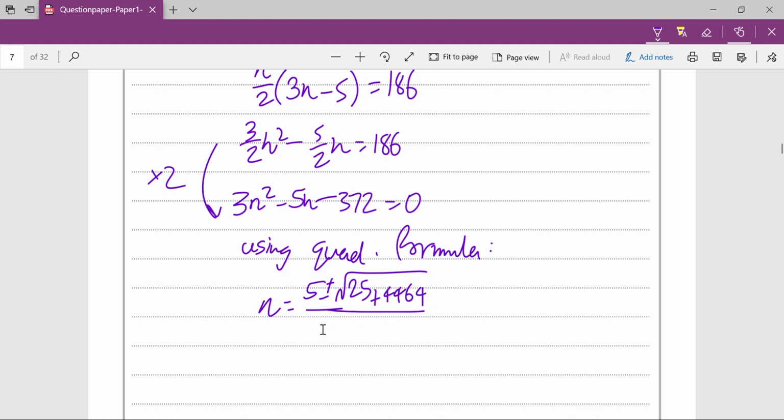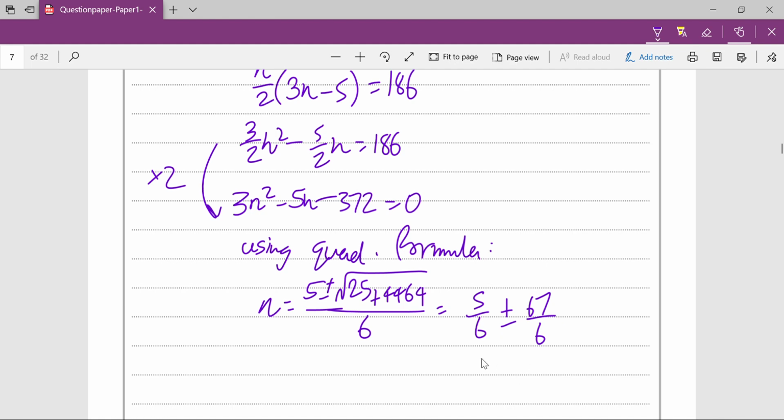And then finally it's all over 2a, so 2a would be 6. So of course 4464 plus 25 is 4489, and we want to take the square root of this. This is of course using a calculator, and it's 67. So it's 5 over 6 plus or minus 67 over 6.